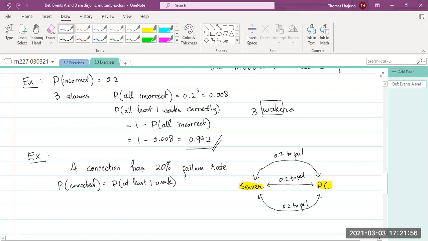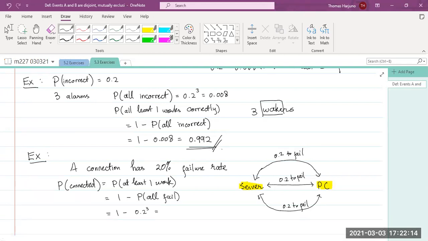Now, the probability that at least one works is equal to 1 minus the probability all fail, which is 1 minus 0.2 to the power of 3.